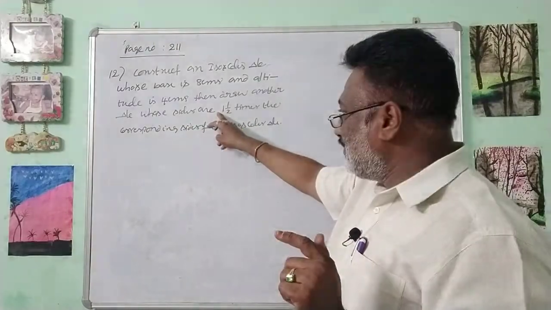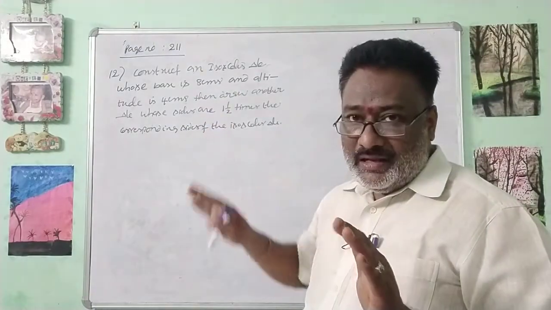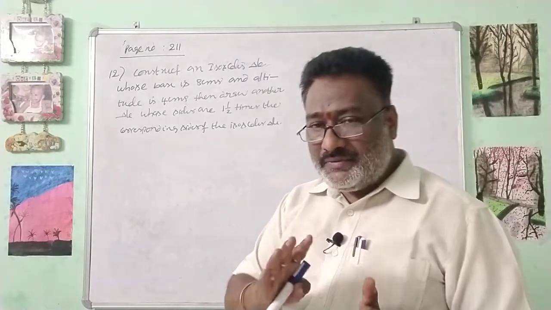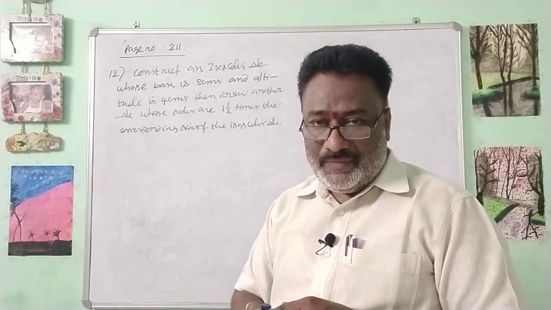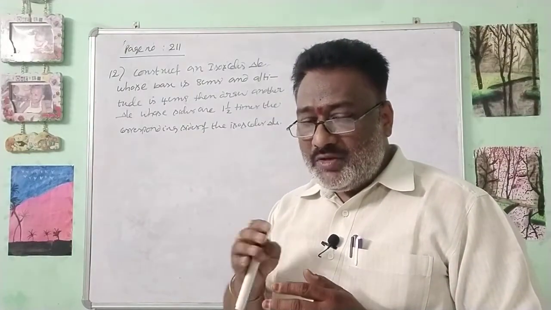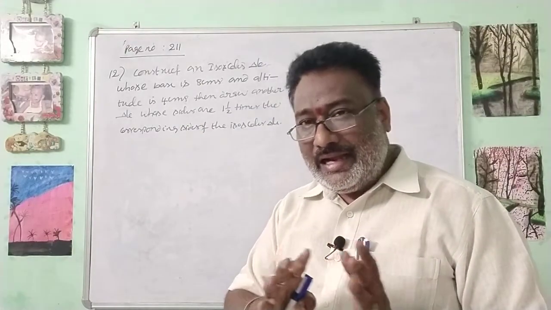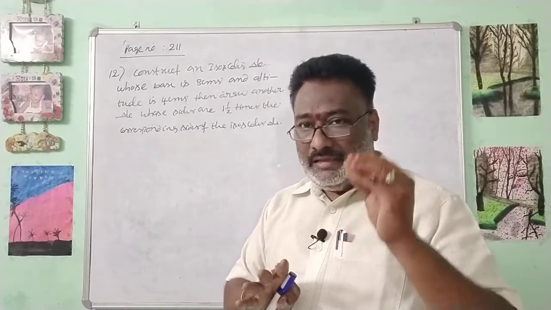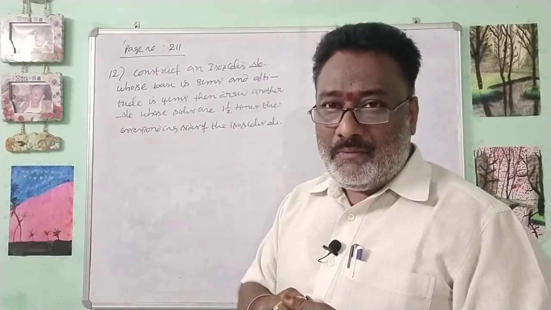That means 2 1 is 2 plus 1, 3 by 2. 3 by 2 means improper part. Improper part of triangle we are going to construct here. So the triangle which you are going to construct should be greater than the given triangle. Okay, that's all. These things you need to remember in your mind.